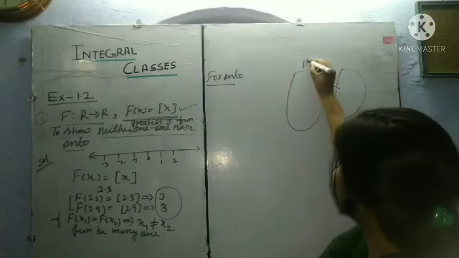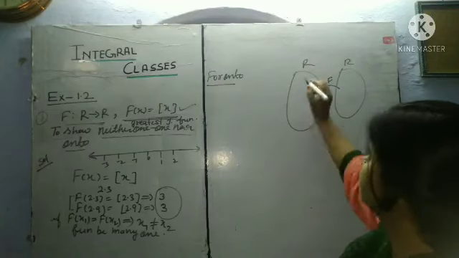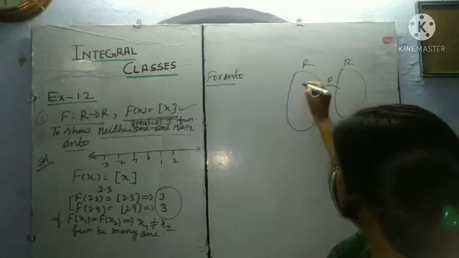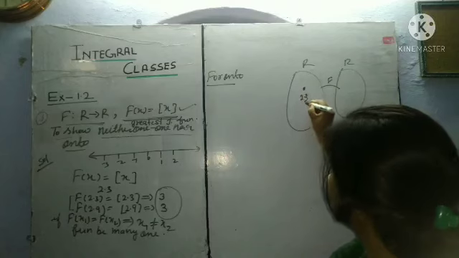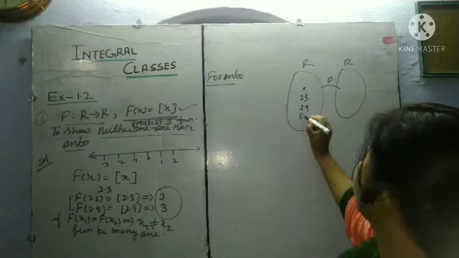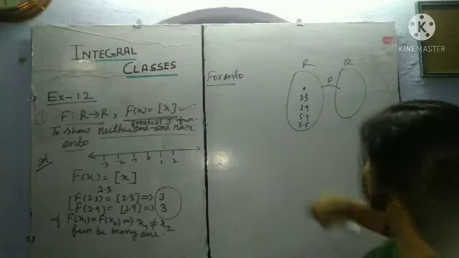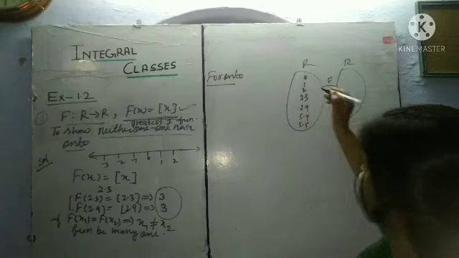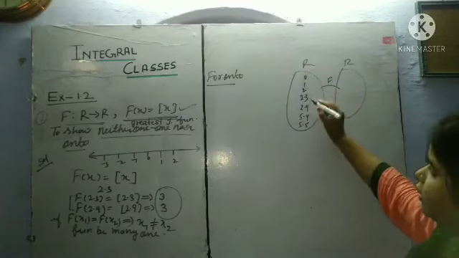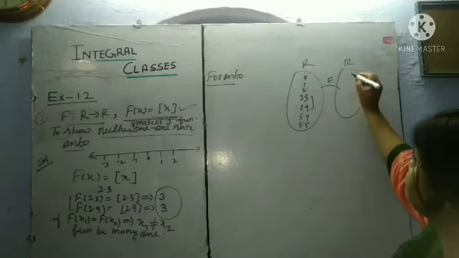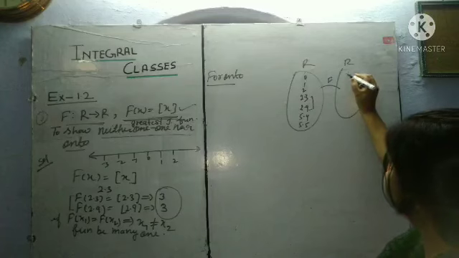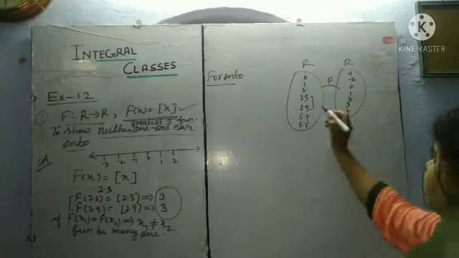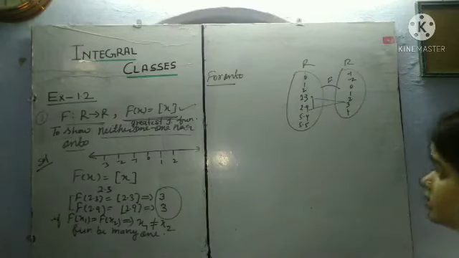The function is defined from R to R and it is the real number set, so it contains 5.0, 2.3, 2.9, 5.4, 5.5 and so on, and -1, -2, 0, 1, 2, 3, 4. In both conditions we will get only 3, the greatest integer.